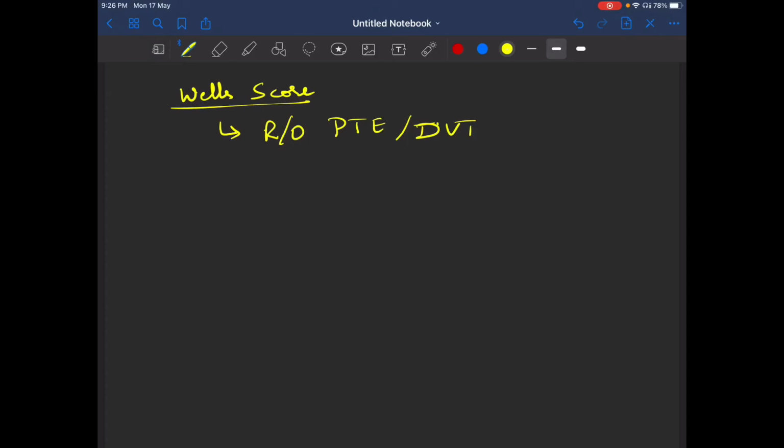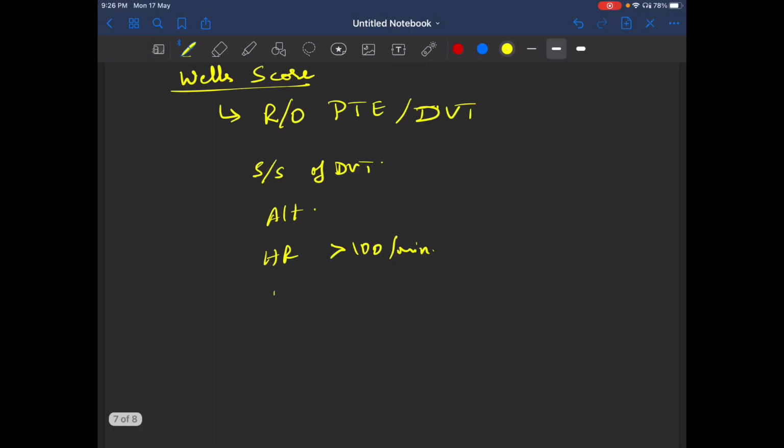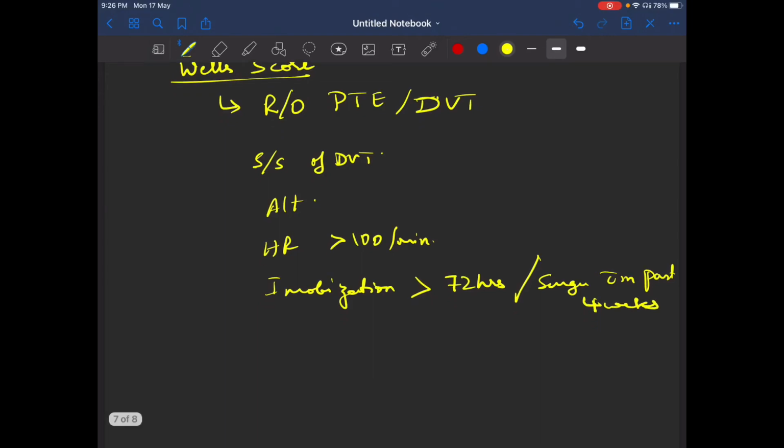For PTE, we have a few points like signs and symptoms of DVT, alternative diagnosis should be considered, heart rate of more than 100 per minute, that is tachycardia, immobilization for more than 72 hours, or surgery within the past 4 weeks, and prior history of pulmonary embolism, hemoptysis.